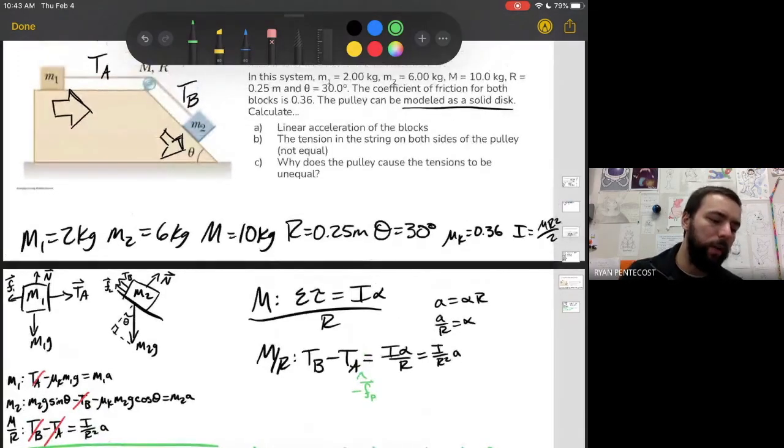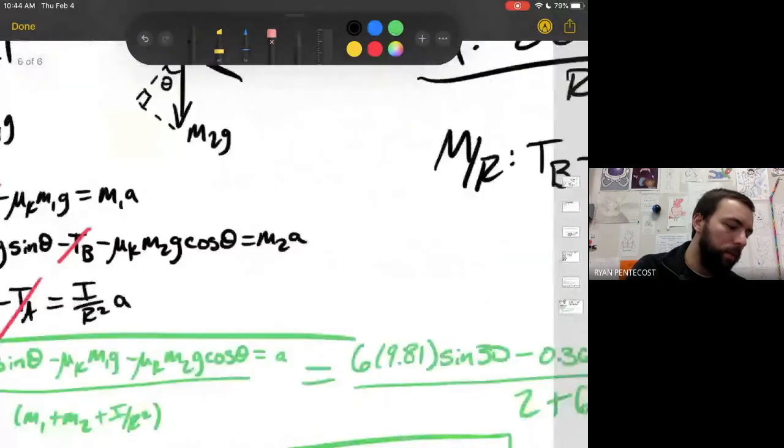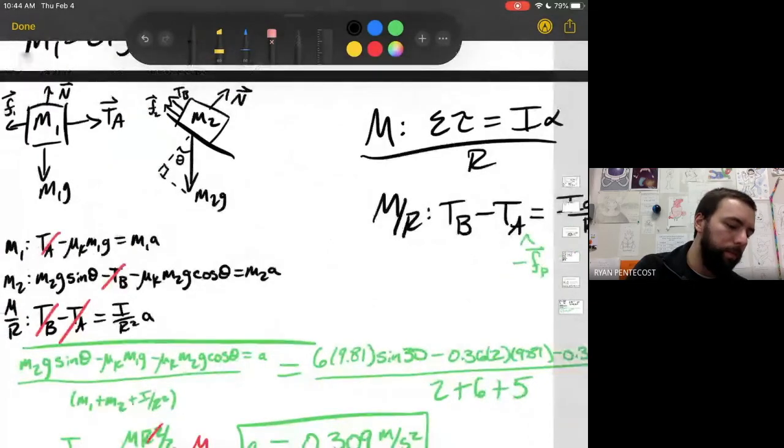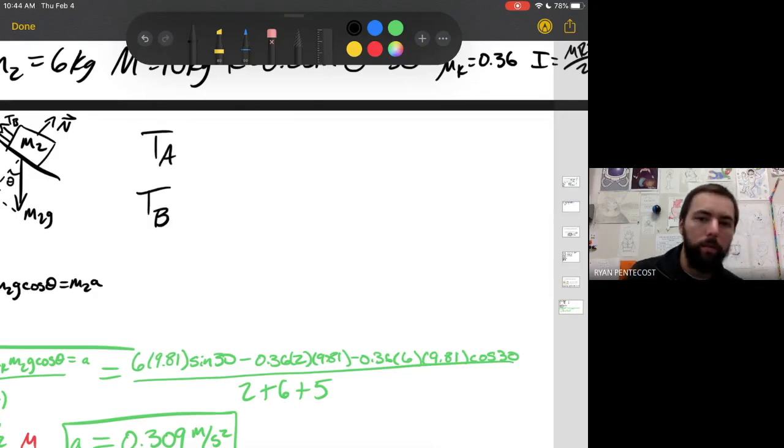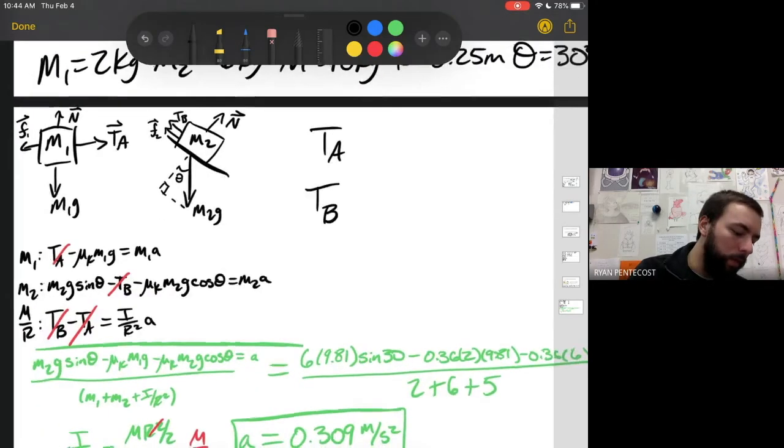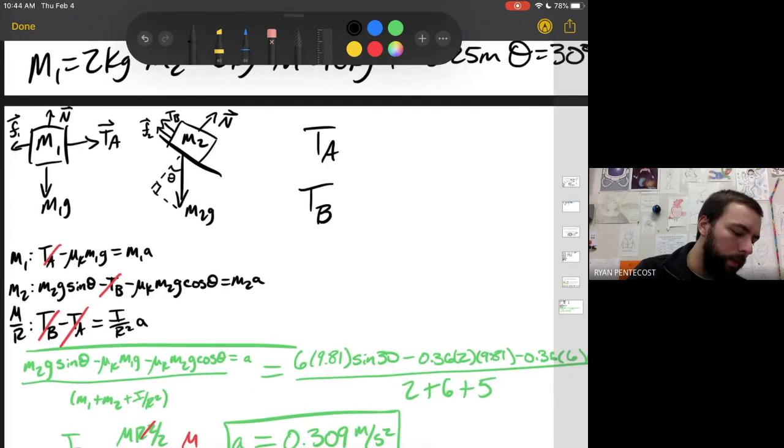So if we do have a frictioned pulley, not a frictionless pulley, that's how you would include that. Now, the tension in the string on both sides of the pulley is not equal, okay? If we want to find that, we're looking at tension A and tension B. How would we find them? Well, we can look at the summation of forces.